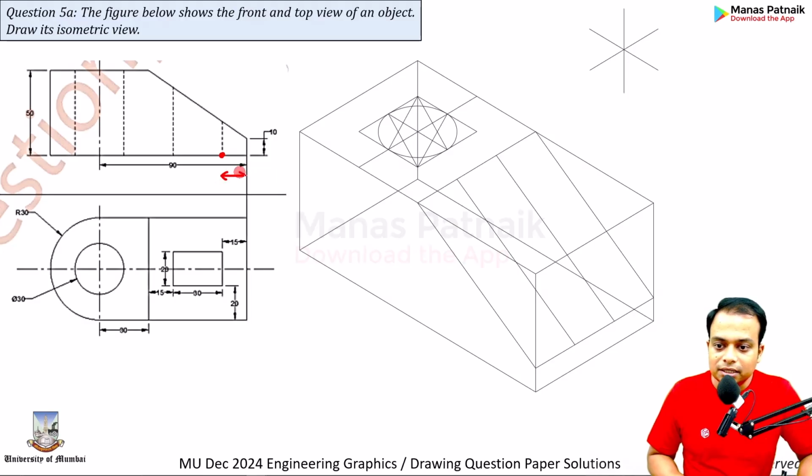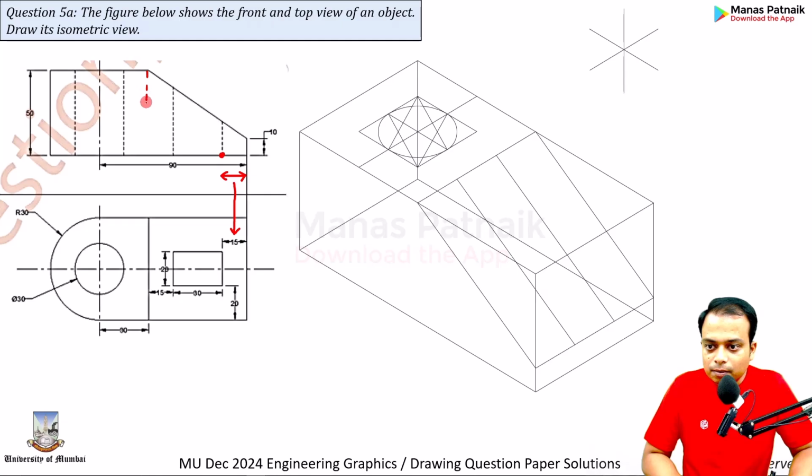What is this distance? By the way, this distance is known to us, which is 15 millimeters. One more thing, if you watch carefully, do we know this distance? This, by the way, is 15.